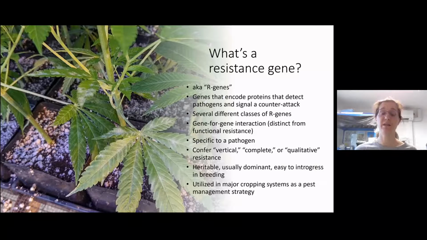These are the types of resistance genes used most commonly in major cropping systems as a pest management strategy, due to their effectiveness and the ease with which they can be introduced into breeding programs.